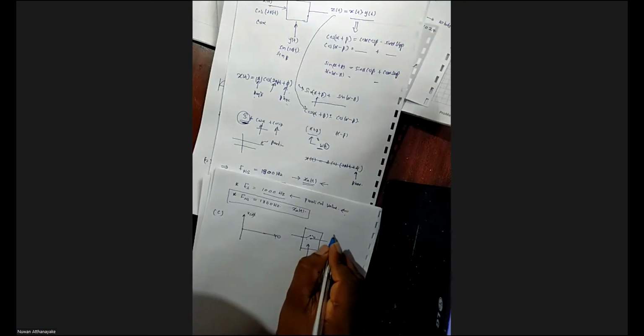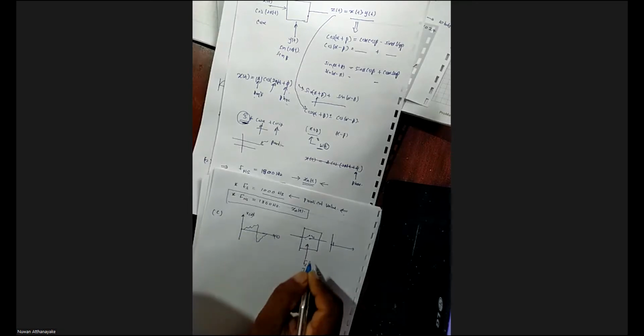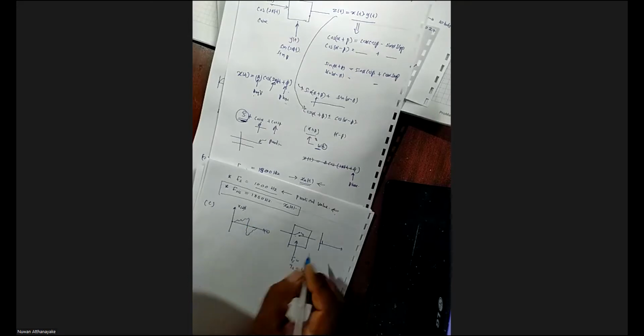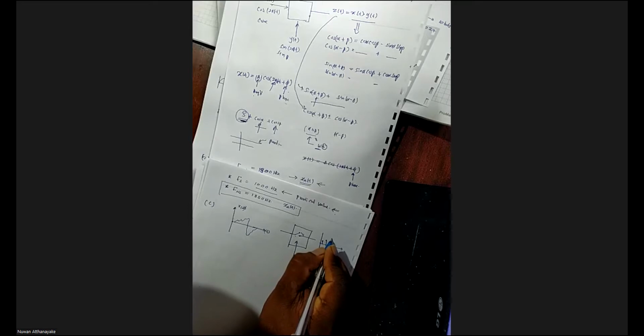We have sent this signal to the sampler, and you will get the discretized signal like this. This will be some kind of analog, continuous signal, and you will get again this kind of discretized signal. Now we are asked to find this discretized signal.